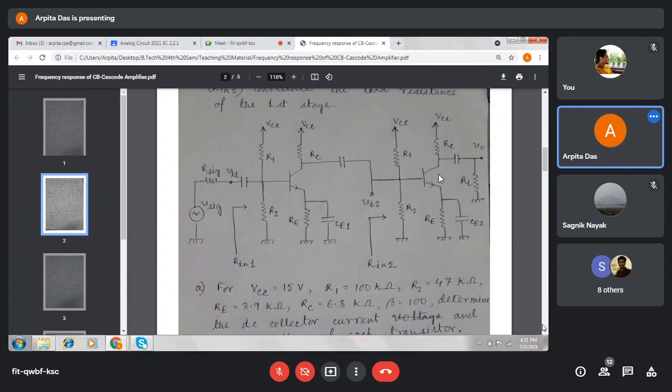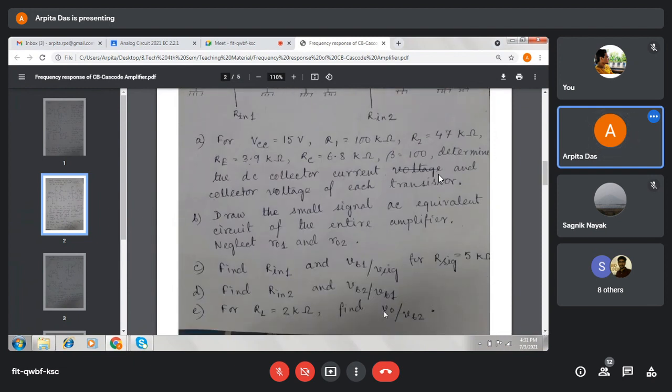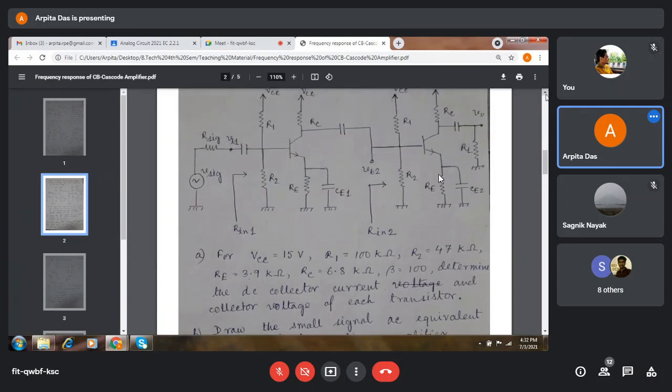And when you finally calculate the value of VO by VB2, what is VB2? This one. This one is actually the gain of the final stage or second stage amplifier, VO by VB2, and the ratio of VB2 by VB1 actually gives you the gain of the first stage amplifier.